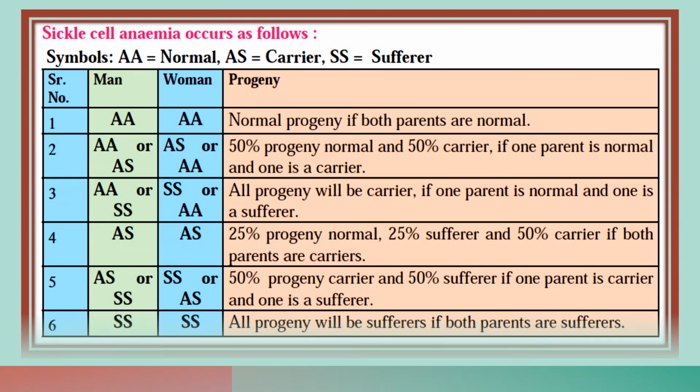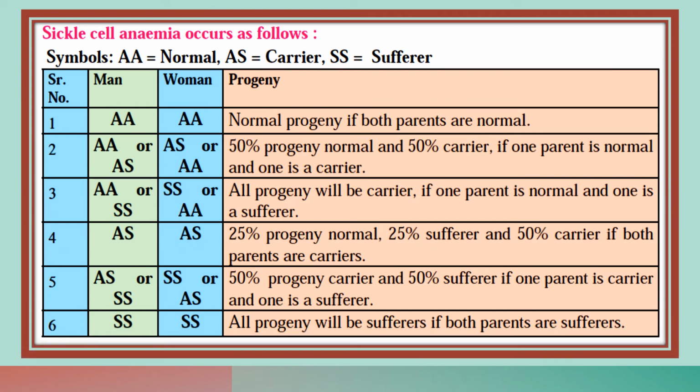Now, for sickle cell anemia, AA stands for normal, AS stands for carrier, and SS stands for sufferer. So if a normal man and woman give birth, the progeny or the baby will be normal. If you have one carrier and one normal person, then 50% of the progeny will be normal, 50% will be carriers.